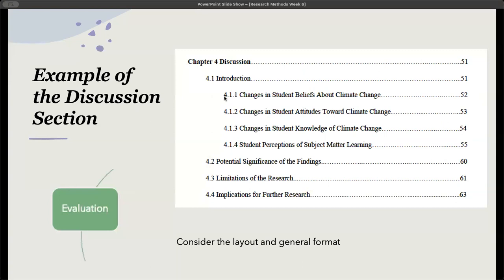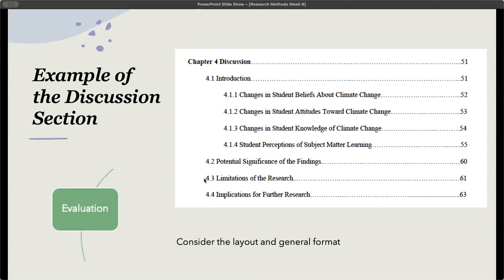Notice in each of these subsections here, 4.1.1, 4.1.2, these would be the individual research questions and the hypotheses that are being answered. So he would have done that in different subsections here. Then also discussing the potential significance of the findings along with the limitations and implications for further research.